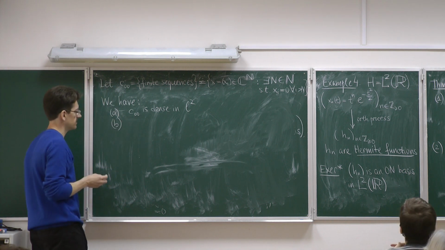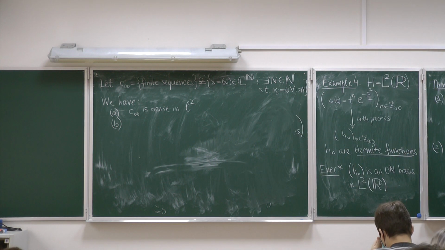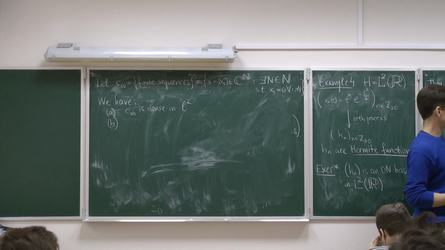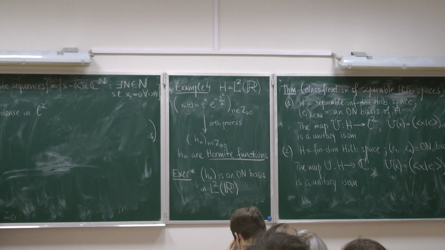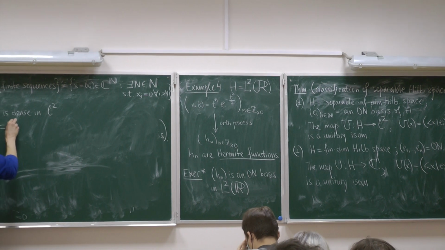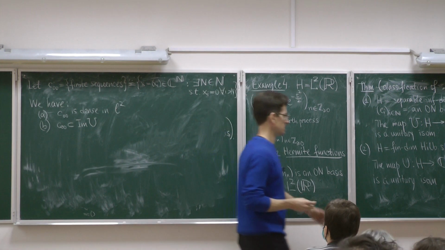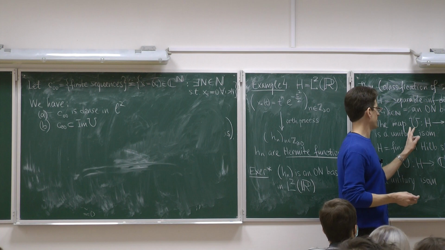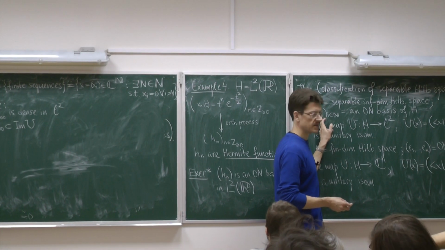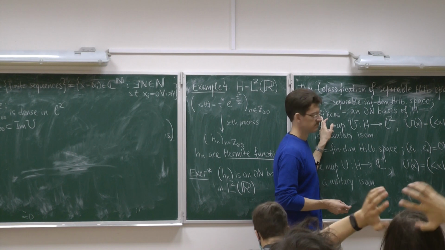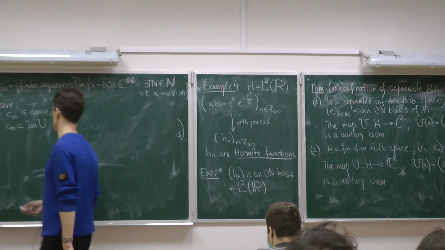The second fact, which is also clear from the construction, is that c_00 is contained in the image of U. This is clear because U takes the linear span of our orthonormal basis precisely onto c_00. So the image of U contains c_00.